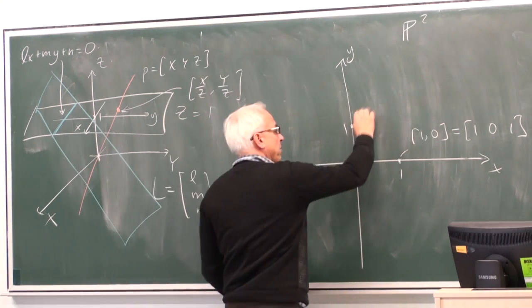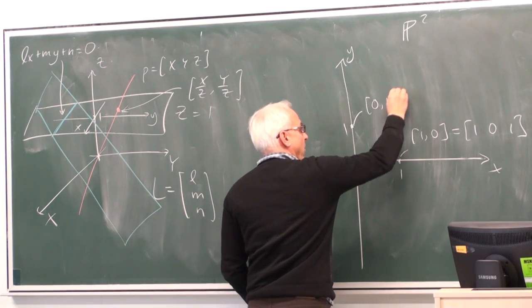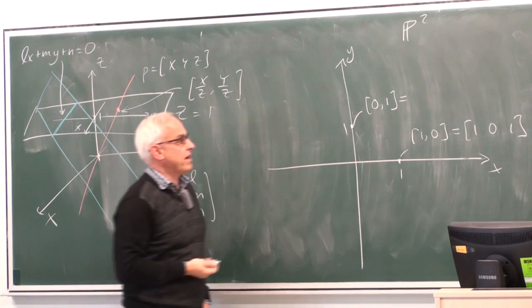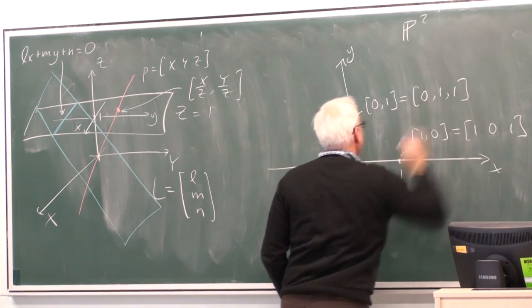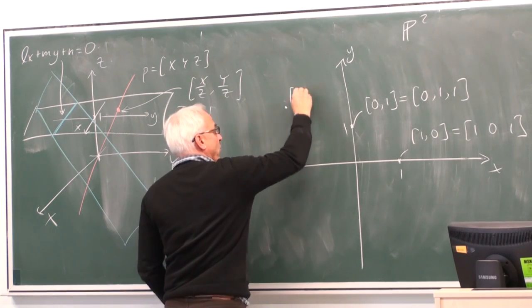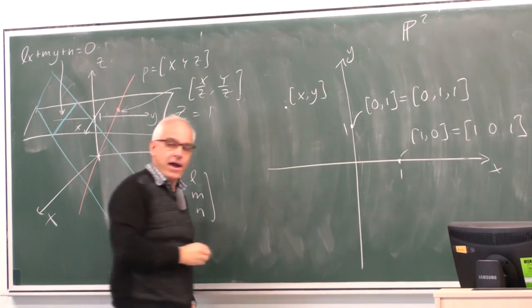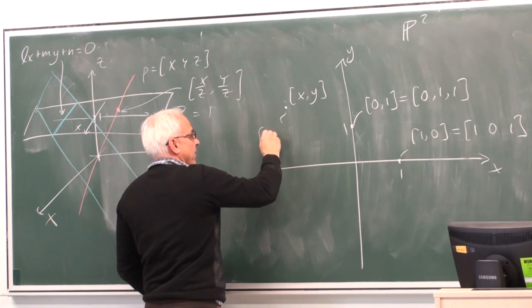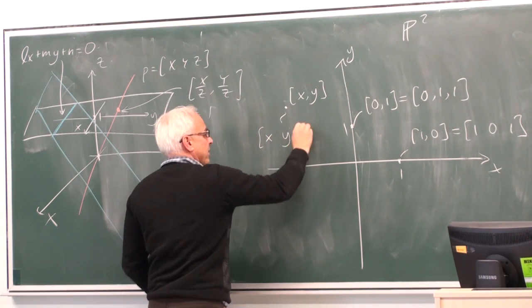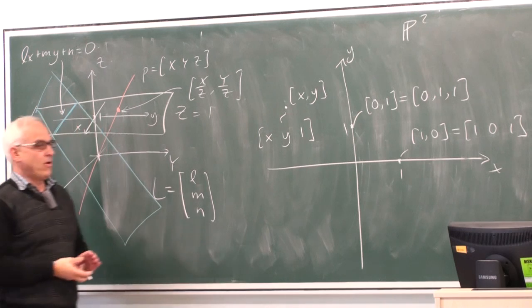This ordinarily would be the point 0, 1, but now we are going to write it as just 0 1 1. And in fact, if we have any point which has ordinary coordinates x, y, we are going to represent it with the projective triple x, y, and 1.